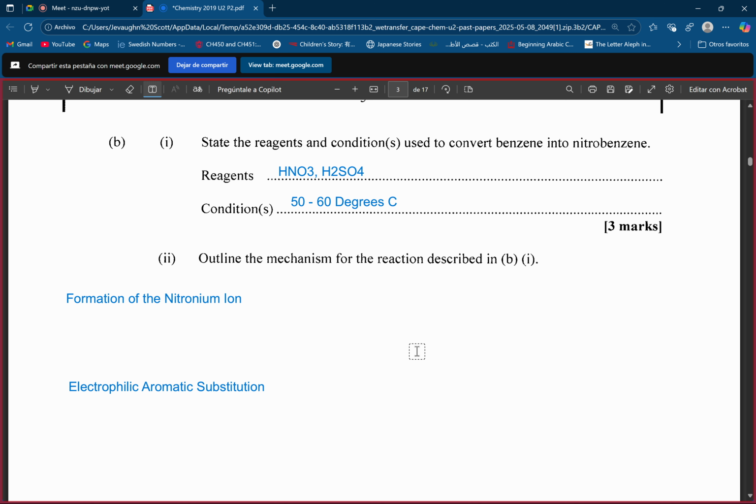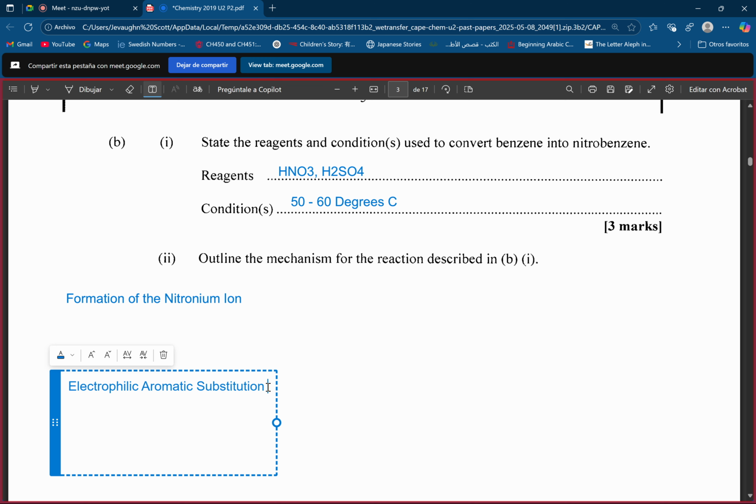So you're gonna specifically have deprotonation after. So you're gonna have the addition of the electrophile. So part one of this would be the addition of the electrophile, and then we're gonna have the formation of the sigma complex.